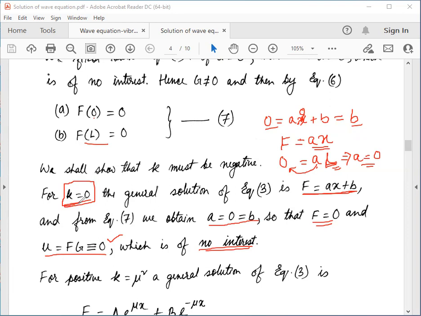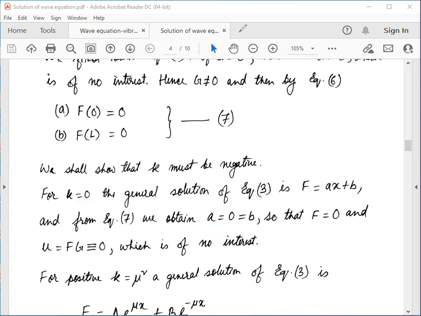Okay, so what remains are only two possibilities. Either k can be positive or k can be negative. So let us look at those two conditions again.